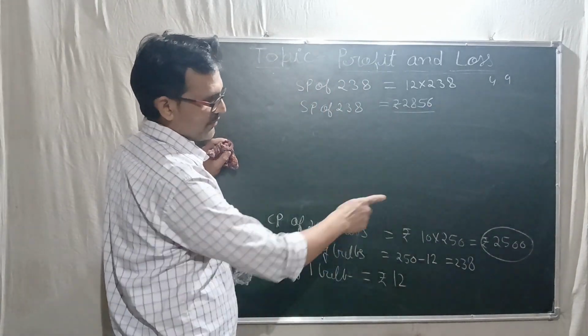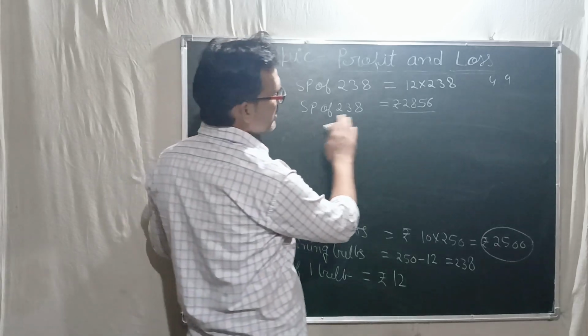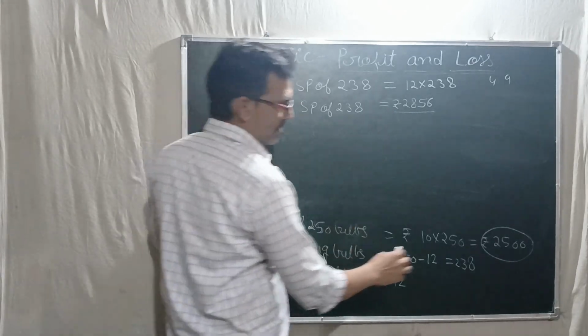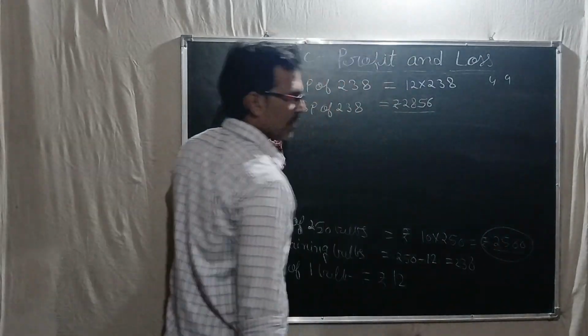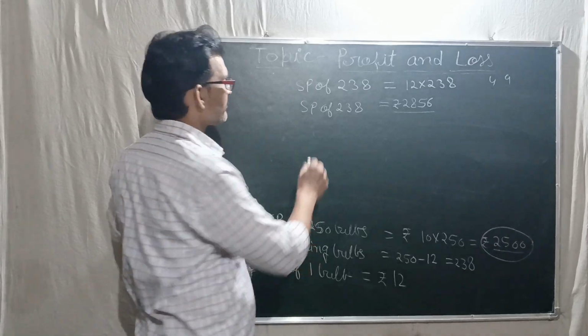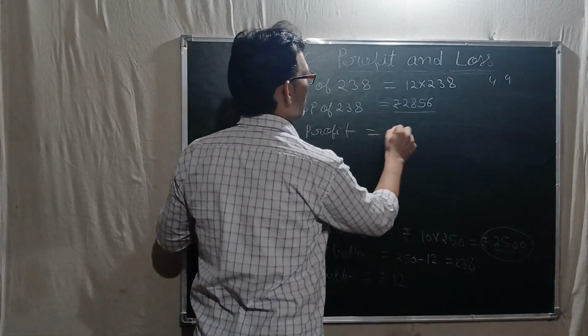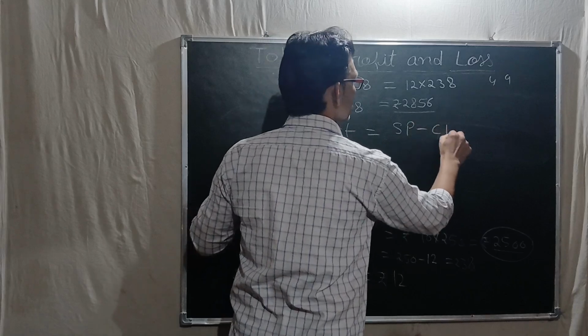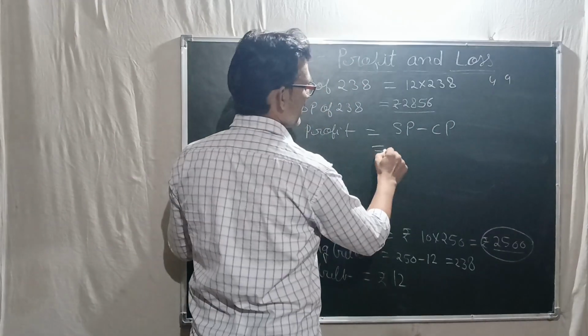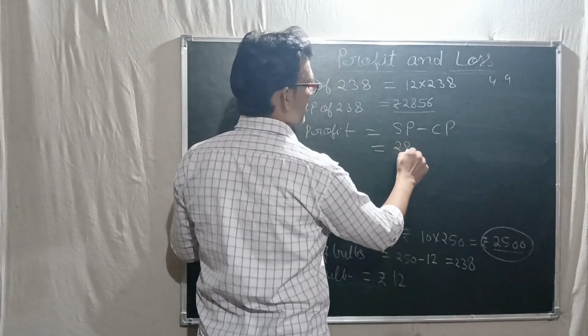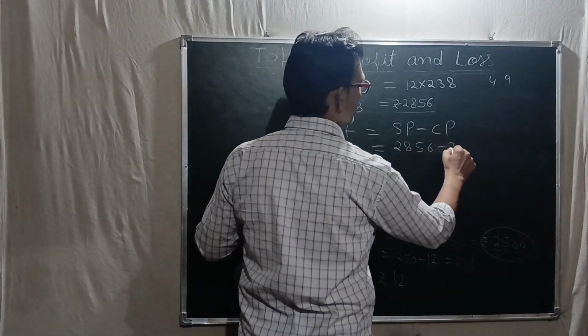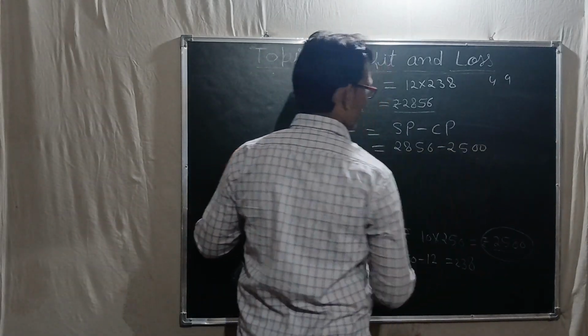So 2856 and 2500. Here the selling price is more than the cost price, so he got profit. Profit equal to SP minus CP. So SP is 2856 minus 2500.